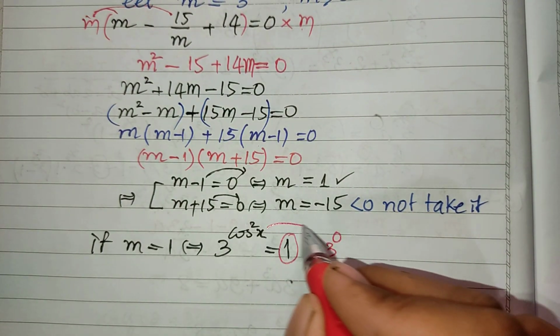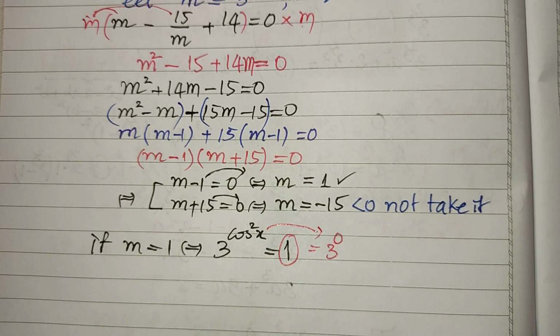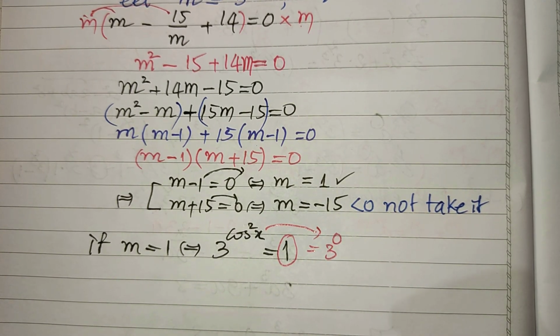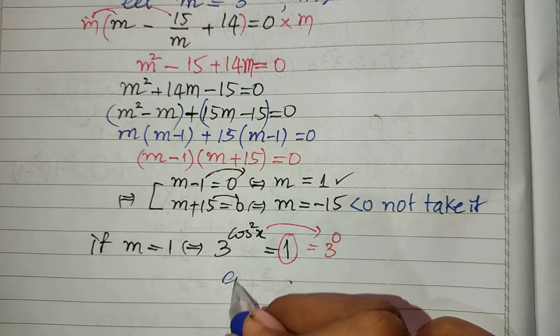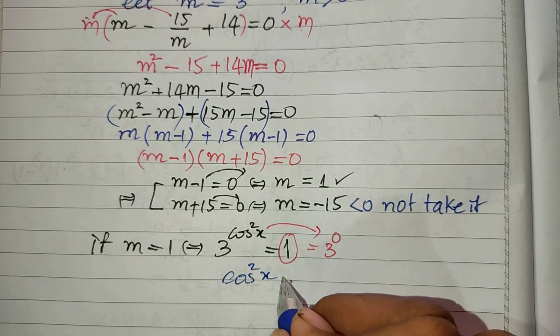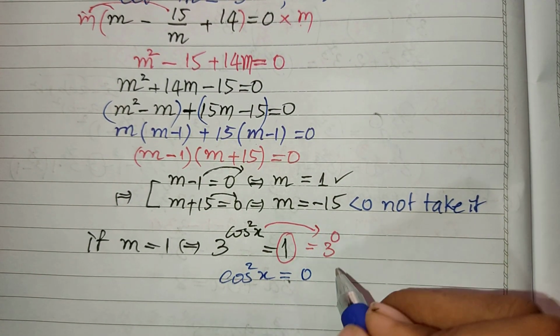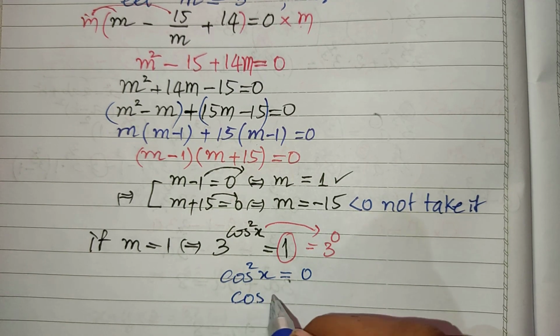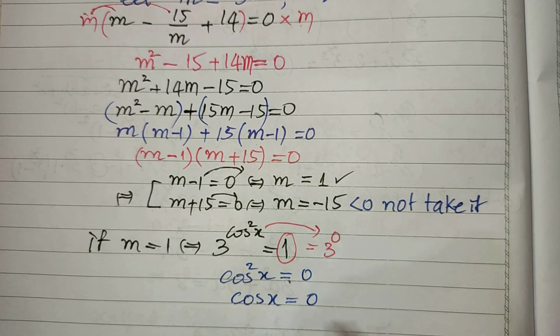So cosine squared of x equals 0, and so we get cosine of x equals 0.